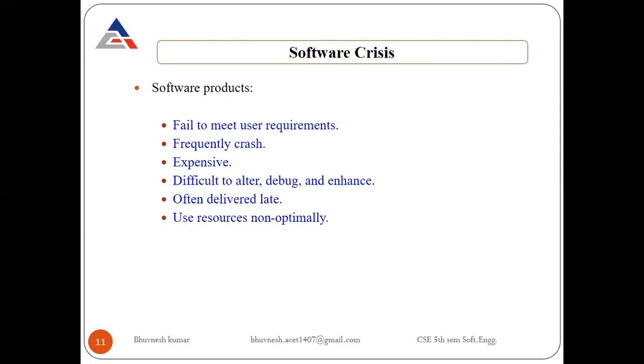Next, often delivered late. If you are manufacturing a product and the user wants that product on time, say within 1 month, and the developers take 2 months to manufacture and deliver it, that means it is often delivered late, and that is also a crisis.